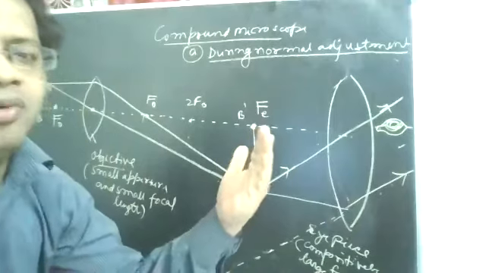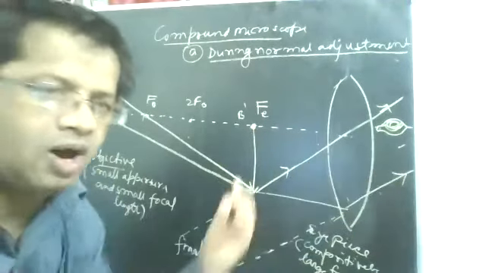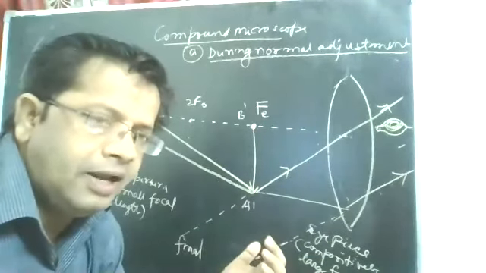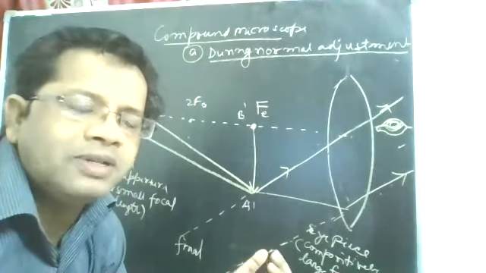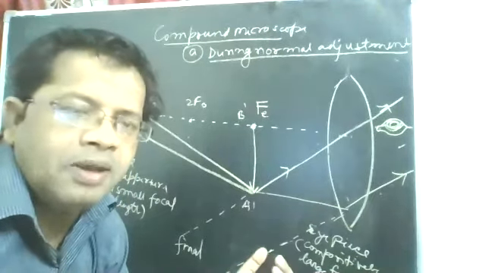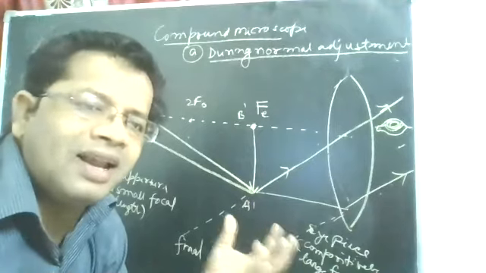When we move the object away from our eye, it becomes easier for the ciliary muscles to focus because they contract less.